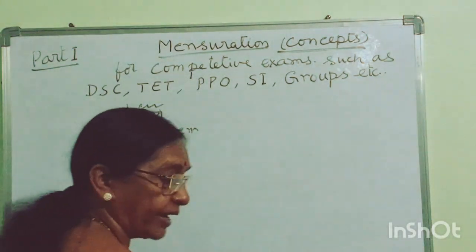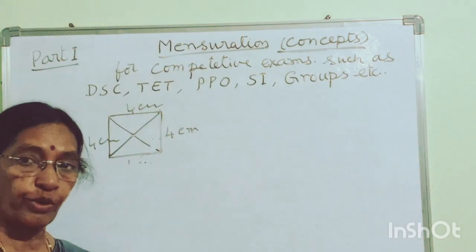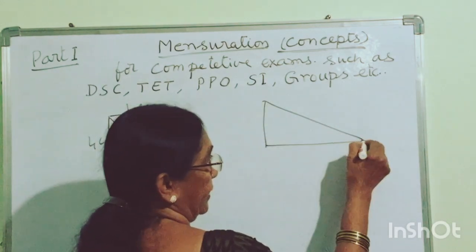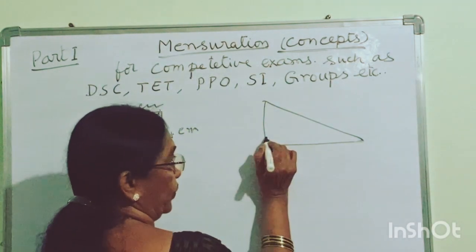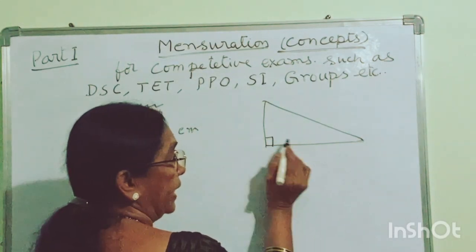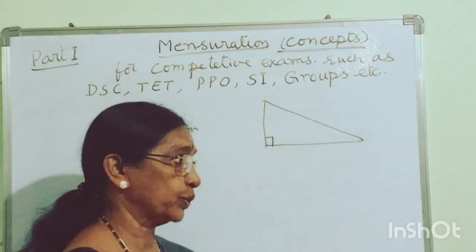To find the diagonal of a square, you have to use the Pythagoras theorem. You know the Pythagoras theorem as applying in a right angle triangle. The Pythagoras theorem is only for right angle triangles. In a right angle triangle, the square of the diagonal is equal to the sum of the squares of the other two sides.